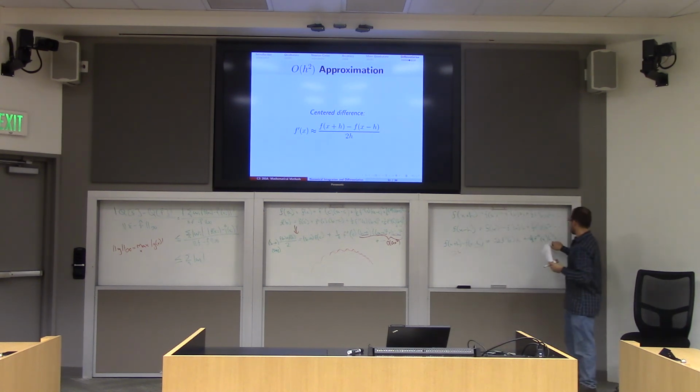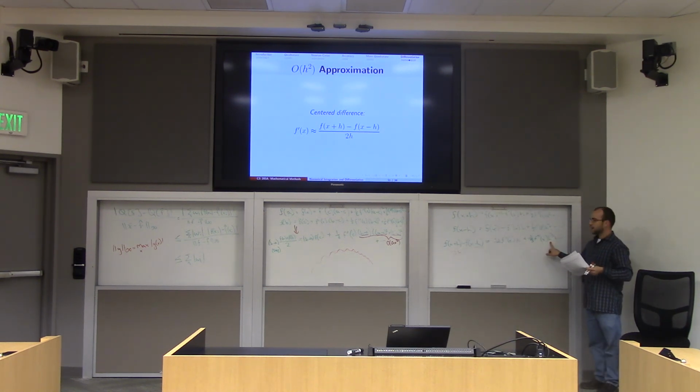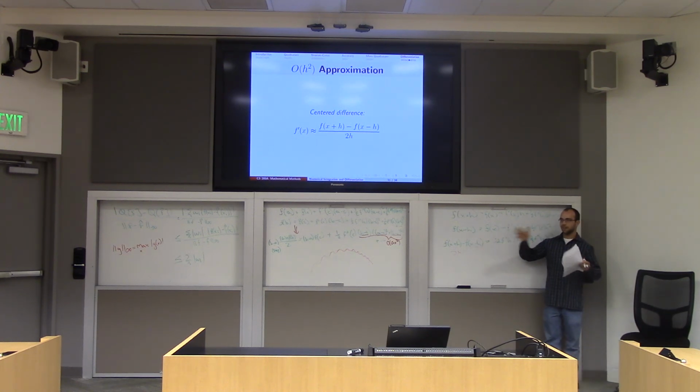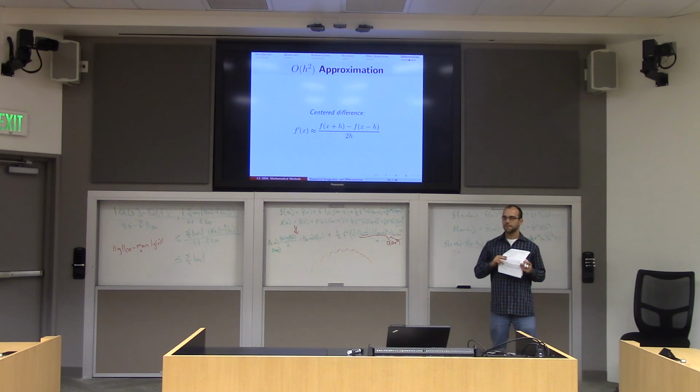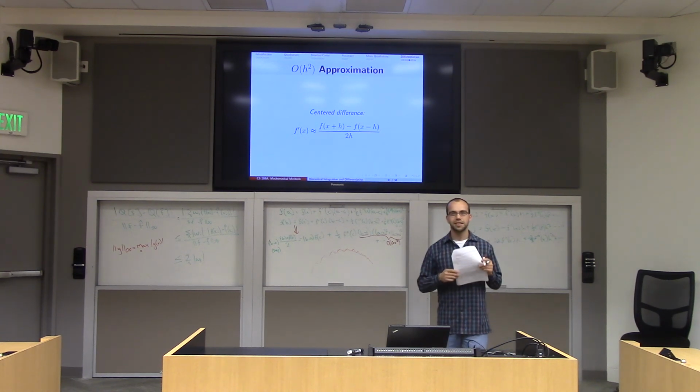This shows us that the error is a quadratic term. So when you use the centered difference, looking forward by plus h and backward by minus h and dividing by the width of that whole interval, you actually get a better approximation of the derivative. This makes sense, right? It's symmetric about x, whereas the last two, the forward and backward differences, only looked in one direction.